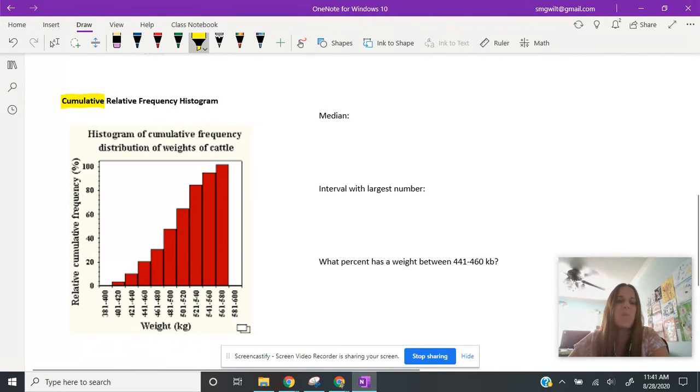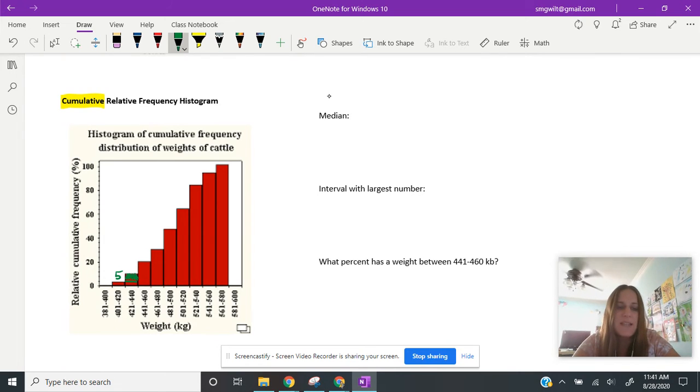So there are a couple problems in the quiz that use cumulative relative frequency. And one thing to note about these is that the first bar gives you an exact percent. So looking at this, that first bar here is 5%. However, because it's cumulative, that 5% is also a part of the next bar.